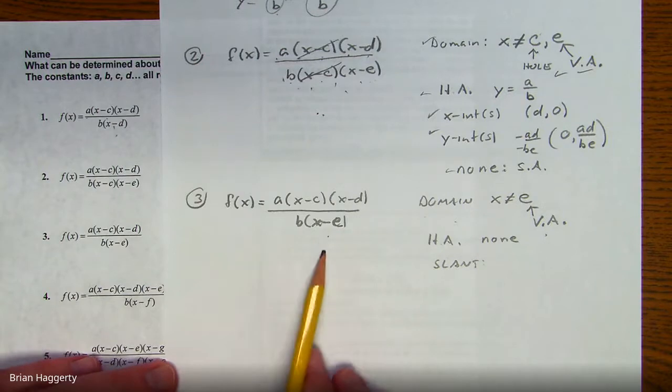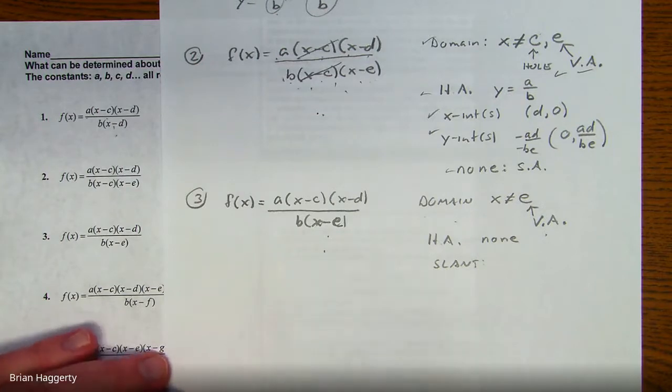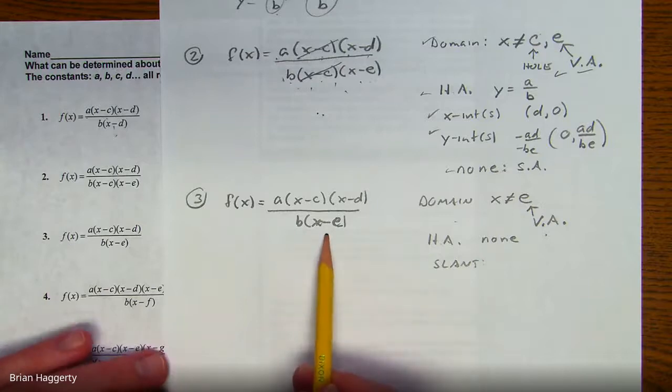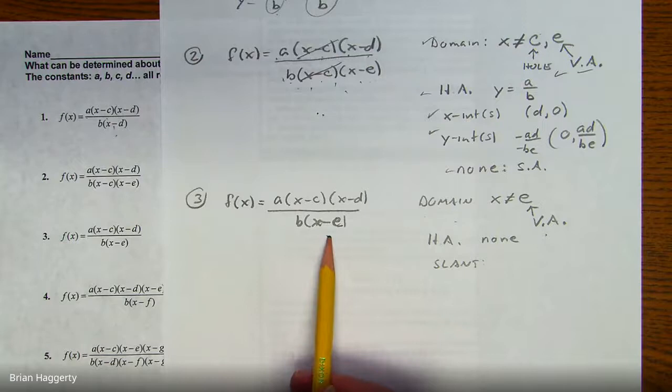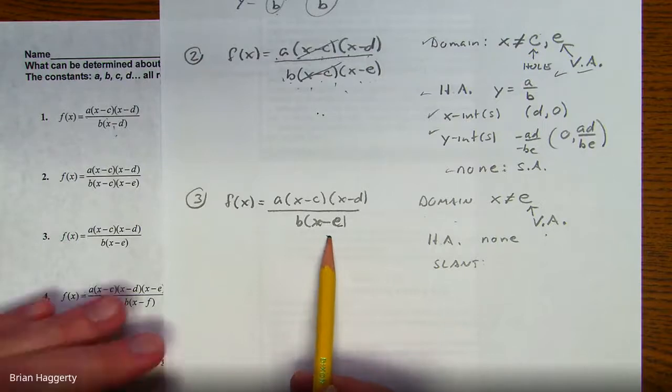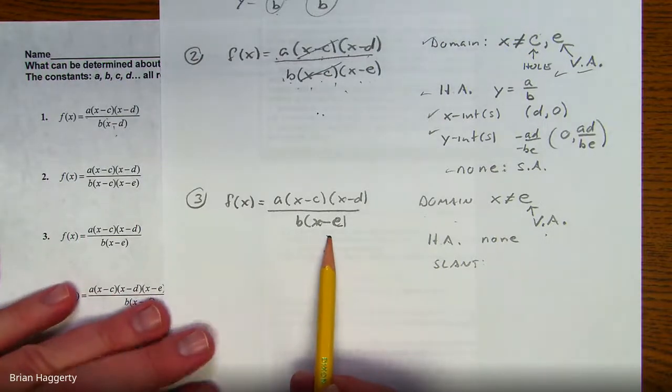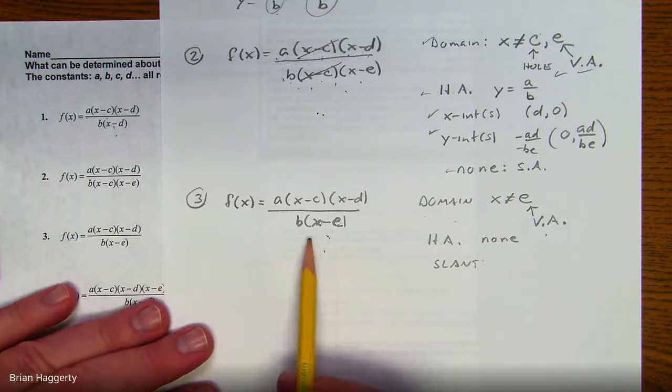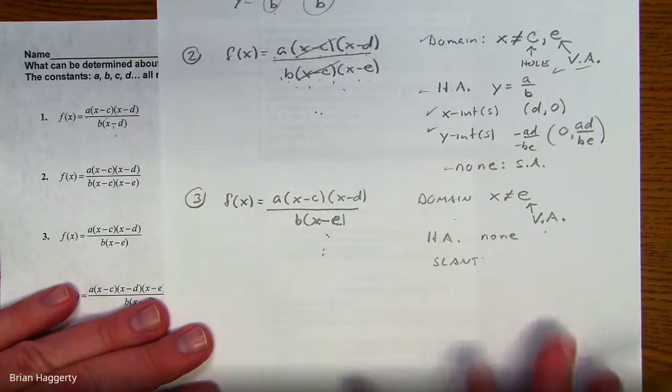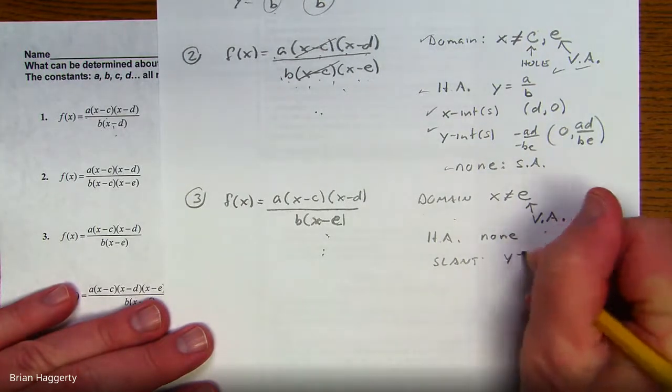We'd have to multiply that out and then divide it using long division, and we'd have extremely unpleasant coefficients. You wouldn't be asked to do that on the quiz. You wouldn't be asked to do that ever. Not in a house, not with a mouse, not in a box, not with a box. You should identify, yes, there is a slant asymptote, but there's really no reasonable way to find it. So for slant asymptote, we're putting yes.